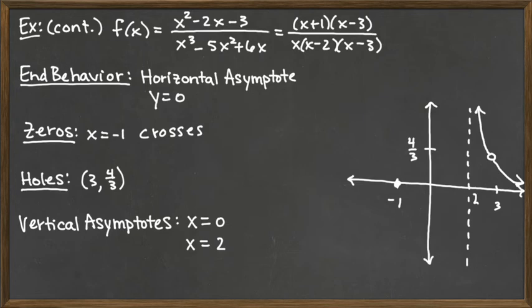So perhaps if we plugged in 1 and figured out, are we above or below the x-axis? If you do that test value of plugging in 1, you're going to get out a negative value. And so what you're going to find out, however you want to think through this, is that you're below the x-axis between the asymptotes. And so then you're going to have some sort of piece that looks like that. You've got to approach each one of the asymptotes from in between them going down to negative infinity.